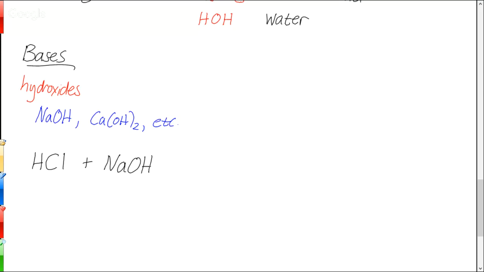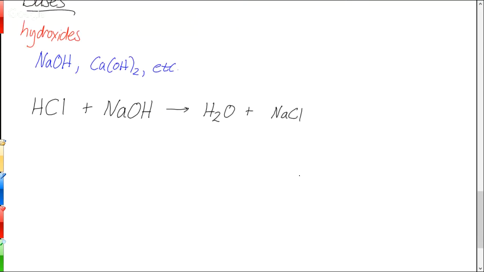The products of that reaction are water and NaCl. But one important thing to notice about this is that the sodium isn't really doing anything in this reaction.